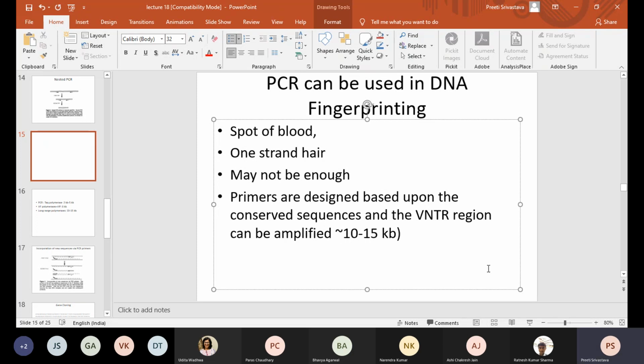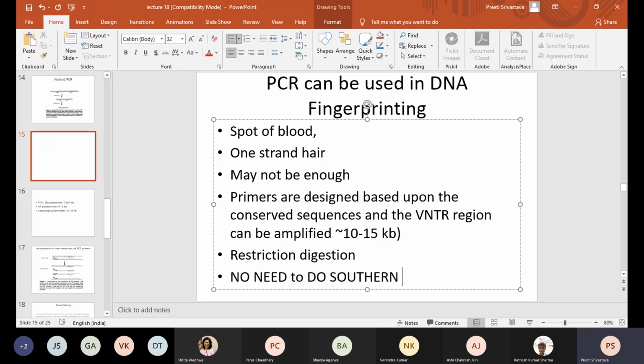Otherwise, up to 6 kb without any trouble. So once you have this amplification of the VNTR region, class, then you can subject it to restriction digestion, and in this case, class, no need to do southern blotting.